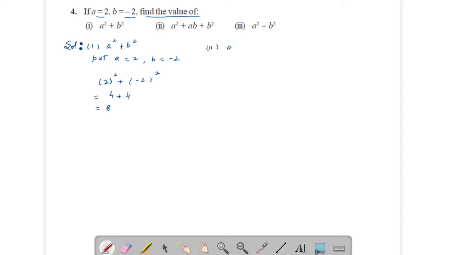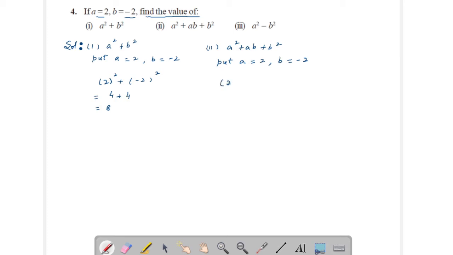Now come to second part. It is a square plus ab plus b square. Put a equal to 2, b equal to minus 2. What will you get? Replace a by 2.